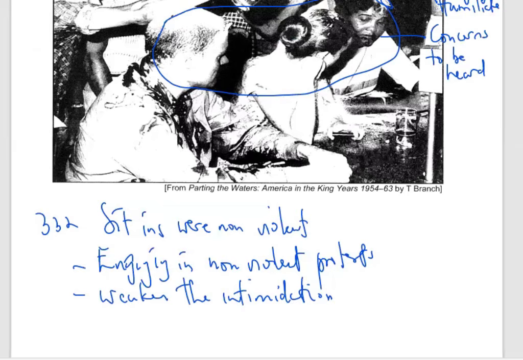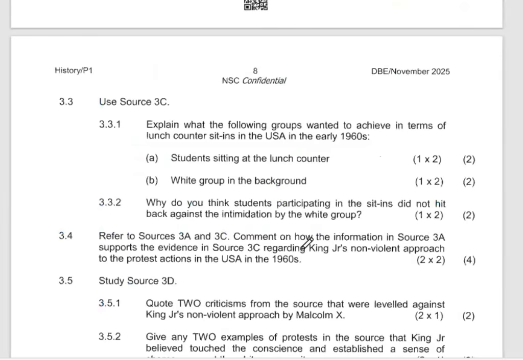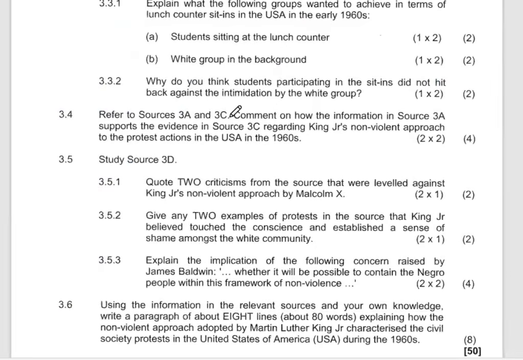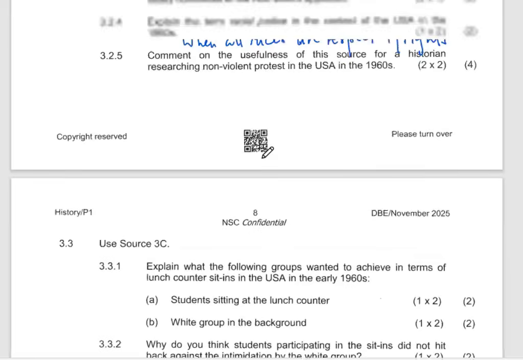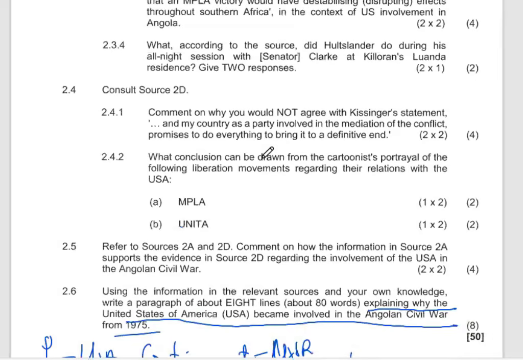Right, the next question is saying, refer to source 3A and 3C. Comment on how the information in source 3A supports evidence in source 3C regarding King Jr.'s non-violent approach. Right, we're just going to highlight how, if we check source A, it's talking about sit-ins as a philosophy.